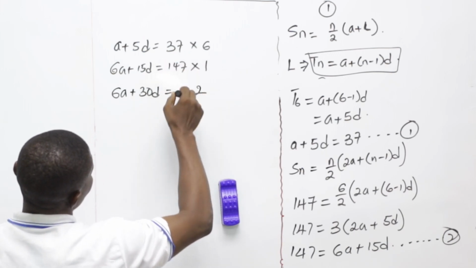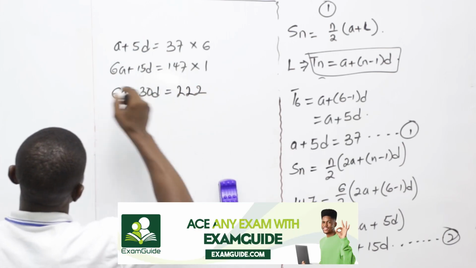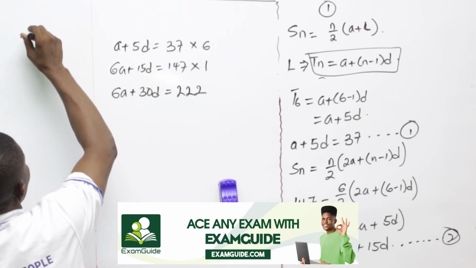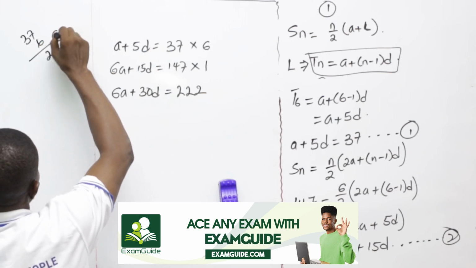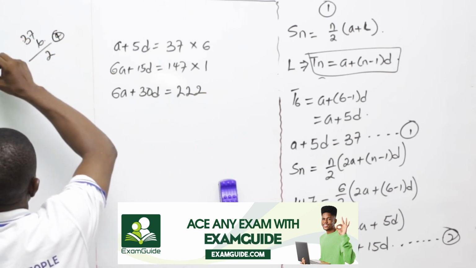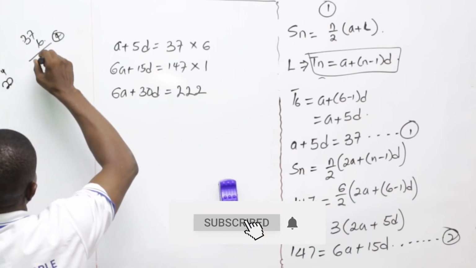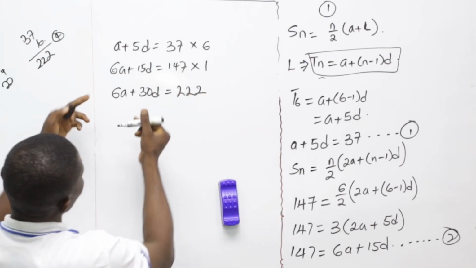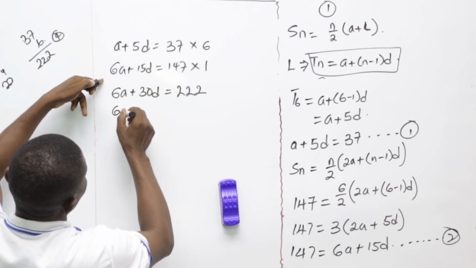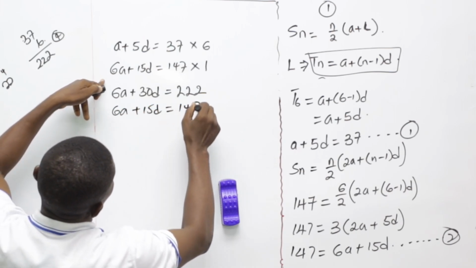37 multiplied by 6: this is 42, carry 2. This is 18. 18 plus 4 is 22. So you have 222. Then the second one: 6a plus 15d equals 147.